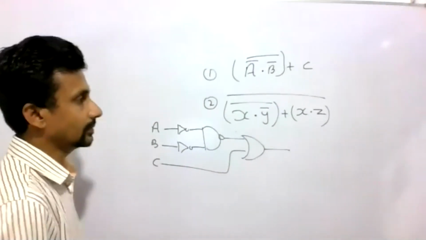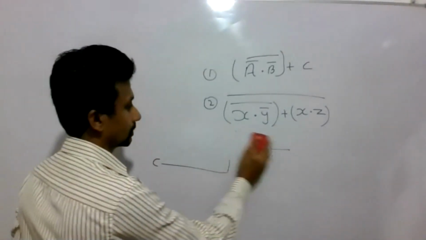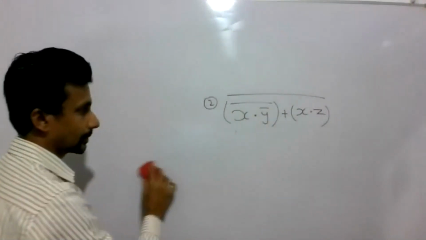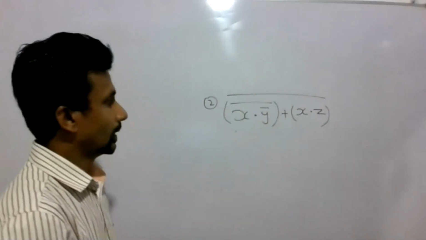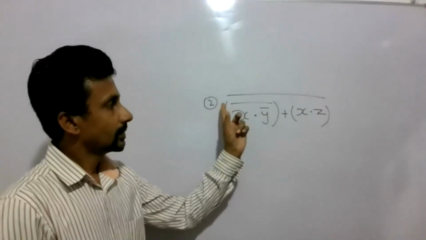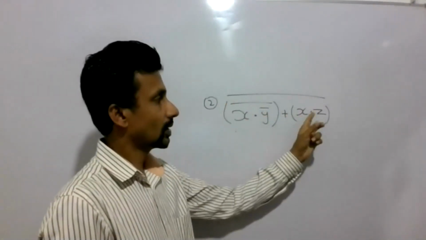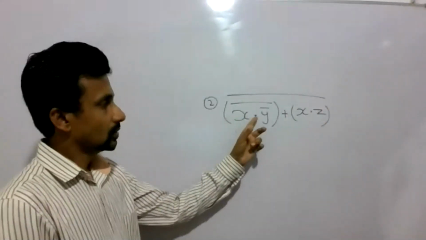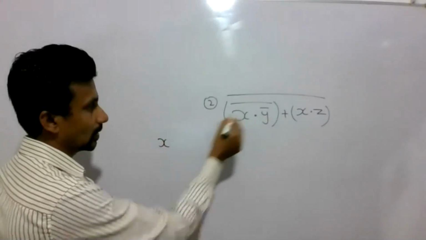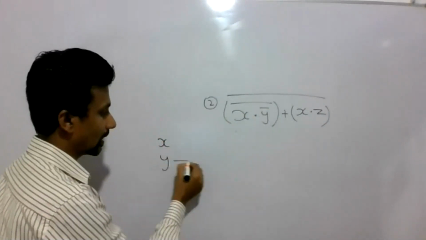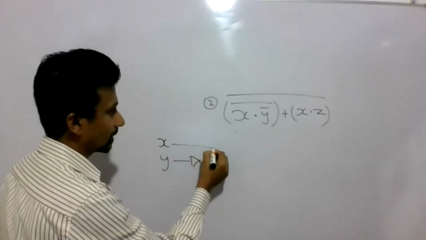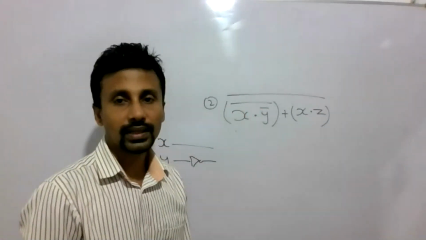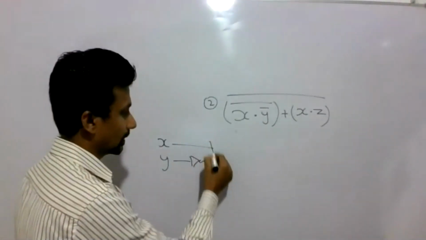Okay, I'm going to the next one. X dot Y dash, again dash, plus X dot Z, whole thing dash. So here X dot Y dash. I am taking X, Y dash, not Y, so I have to use a NOT gate. Then how to connect dot and dash? That means NAND gate.